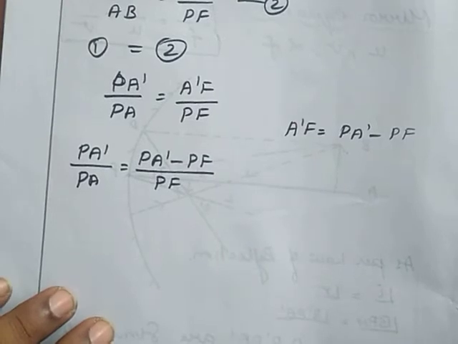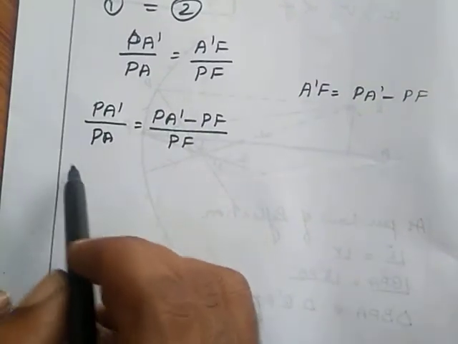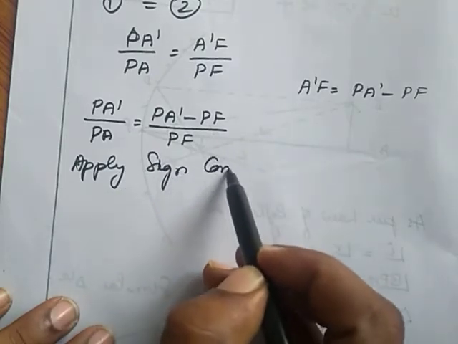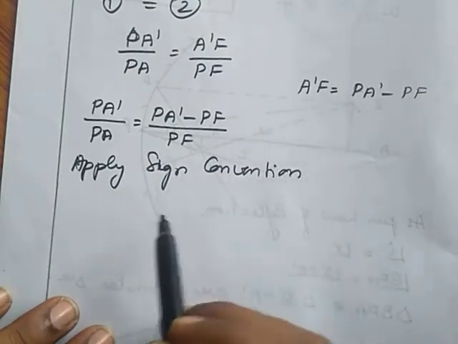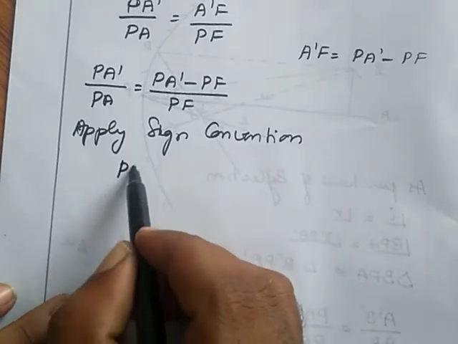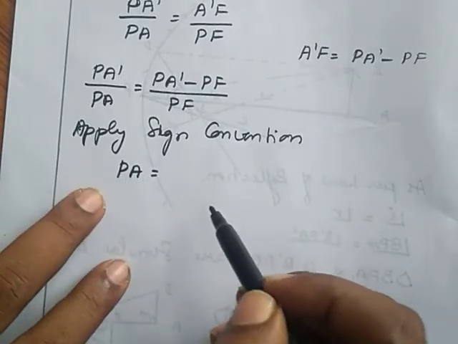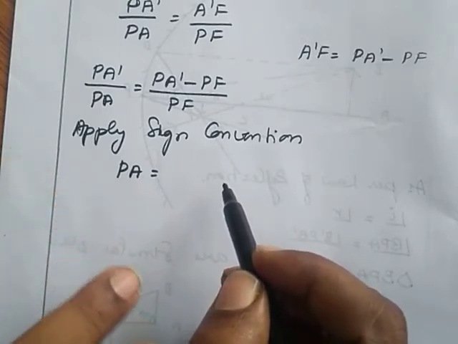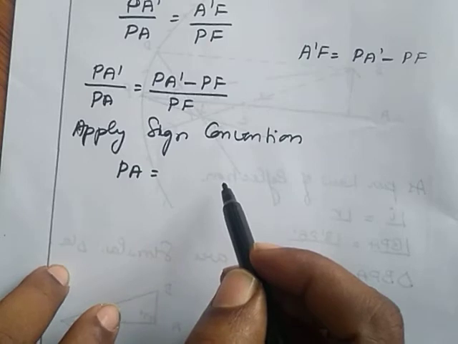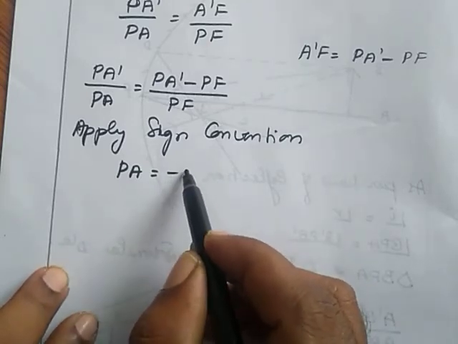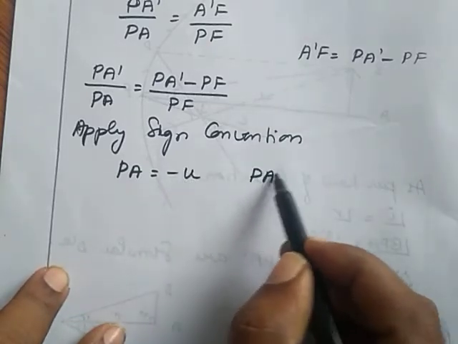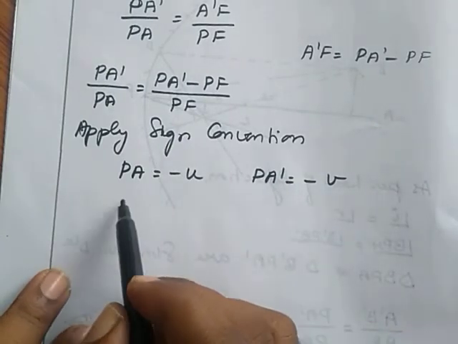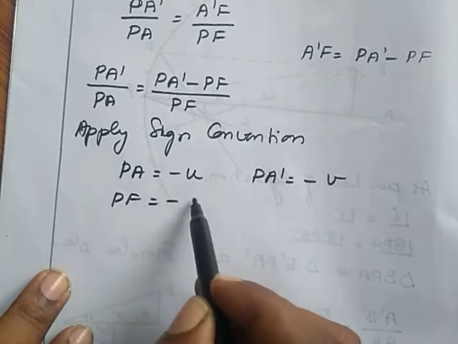Then we apply the sign convention. PA is the distance from pole to the object. Here the object is on the left side, so we are going along the principal axis towards the left, and we consider this as minus u. PA dash is also along the negative x axis, so minus v. Then PF is also negative, so minus f.